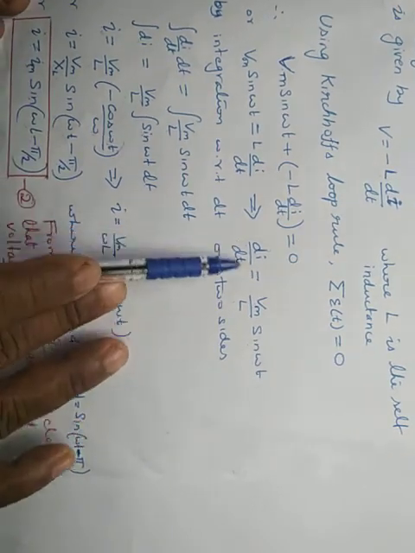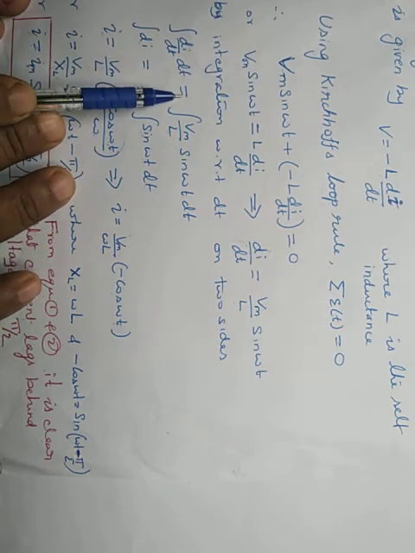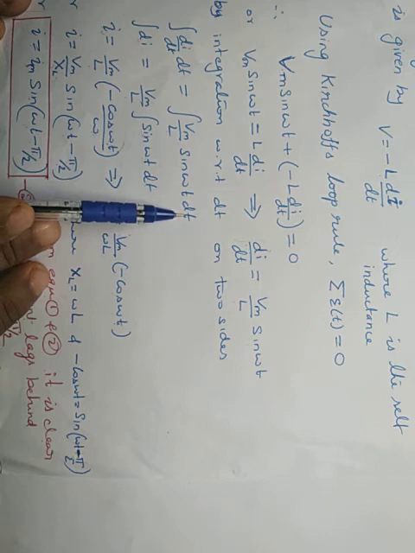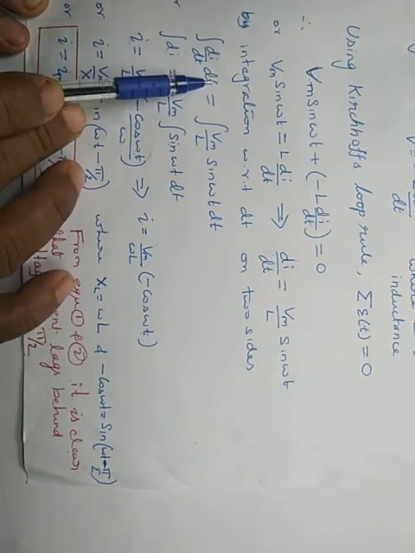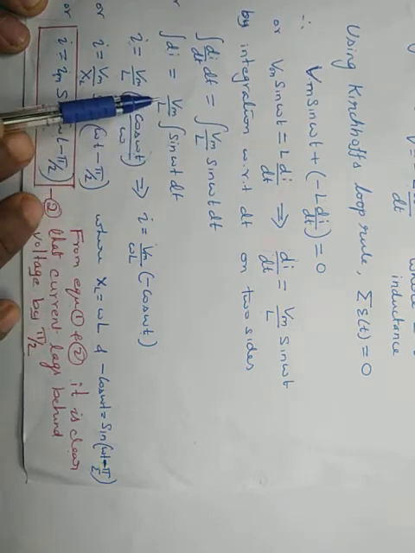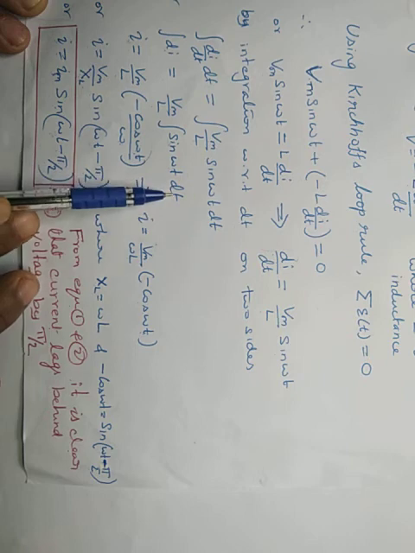Then integrate both sides with respect to dt, you will get integration of di by dt into dt equal to integration of Vm by L sin omega t into dt. So dt cancels, integration of di equal to, bring the constant Vm by L outside, you will get the remaining term integration of sin omega t dt.